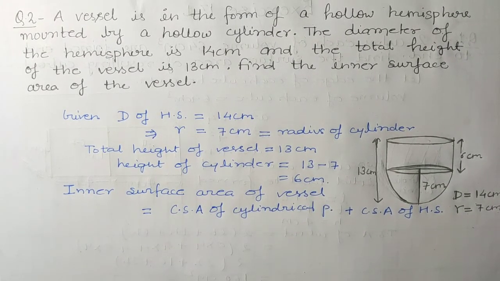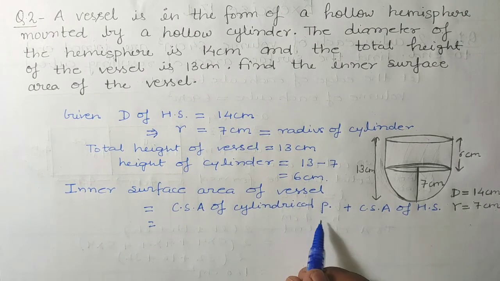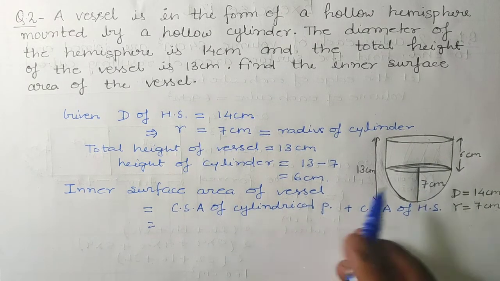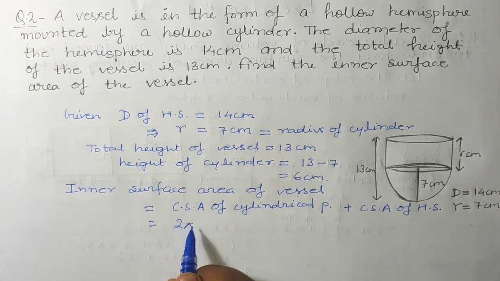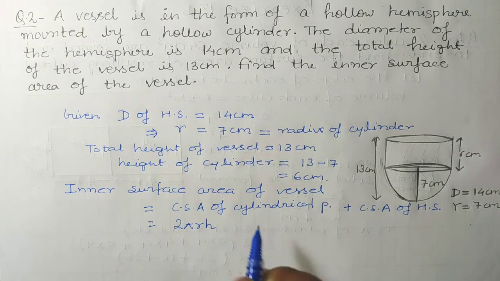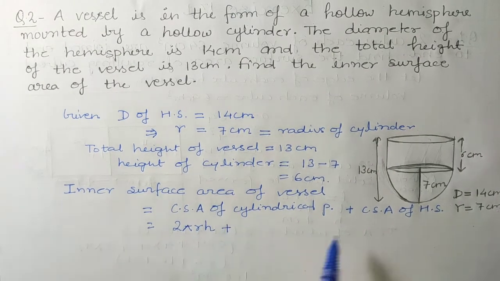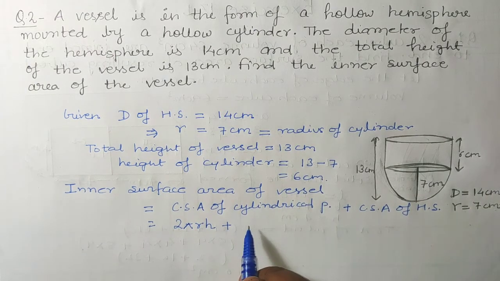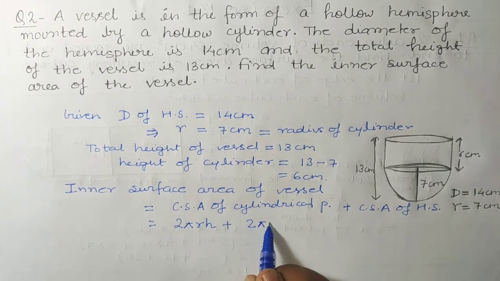What is the formula of curved surface area of a cylinder? It is 2 pi r h. And what is the curved surface area of a hemisphere? We know very well, it is 2 pi r square.